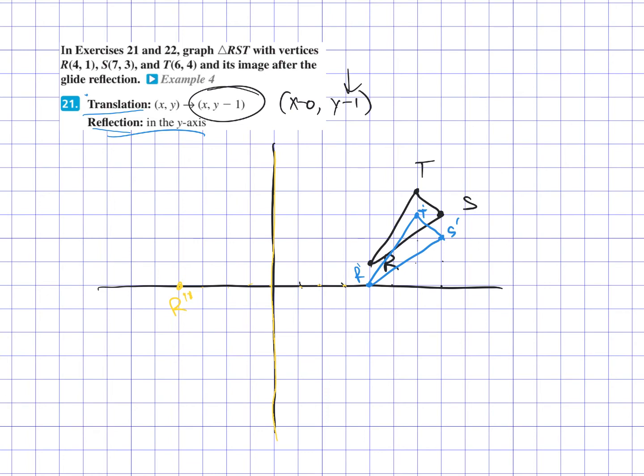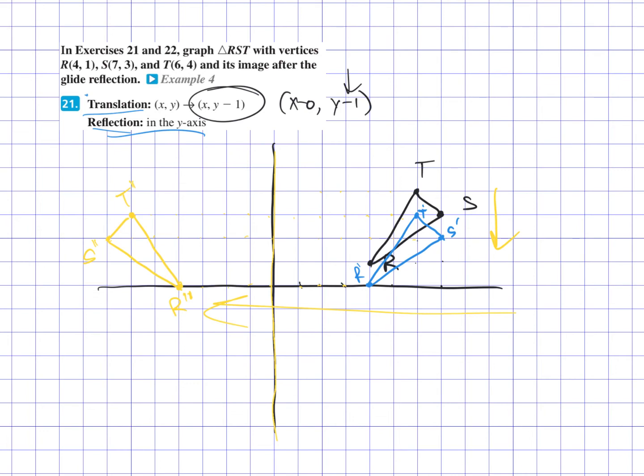And then S prime, 7 over, is S double prime, and T prime, 6 over, is T double prime. So make sure you're using the right coordinates. So it went down 1 and then it reflected over the y-axis.